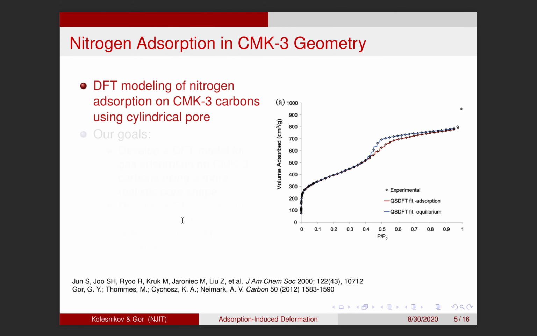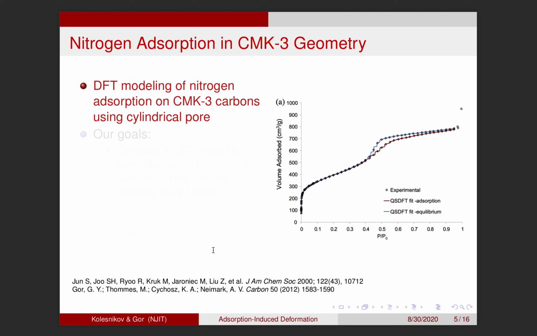Some years ago, together with Matthias Thommes and Alex Neimark and Katie Cychosz, I studied nitrogen adsorption in materials called CMK3 carbons, these materials with hexagonally arranged rods. In particular, we developed a DFT model for nitrogen adsorption in these CMK3 carbons, assuming the pores to be cylindrical, right?